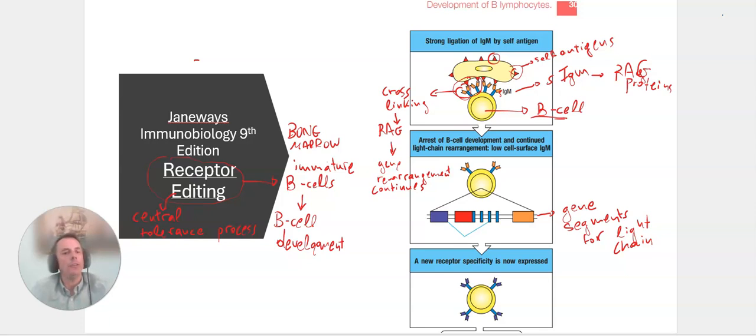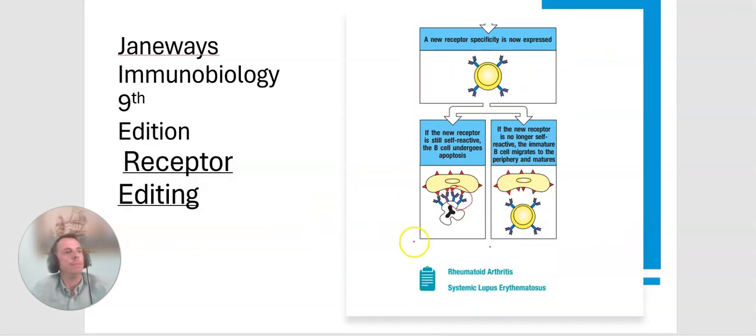Now, if the new light chain is not autoreactive, we'll see that the B cell continues normal development. If the receptor remains autoreactive, like in this case, there's still cross-linking present.